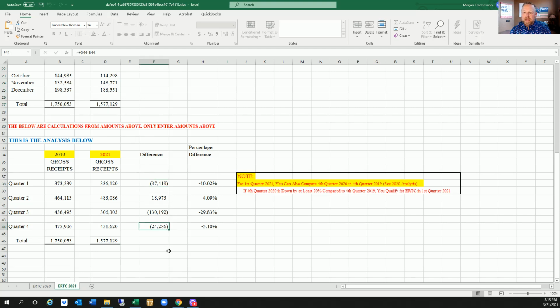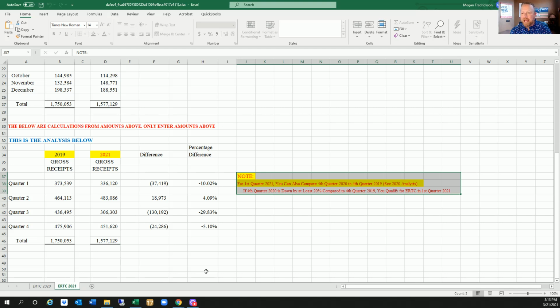Now, let's take a look here because in this circumstance, when we're looking at quarter 1 of 2021, you have to be down at least 20% compared to 2019. We would look at this and at first glance go, oh, well, they're not going to qualify for first quarter 2021. However, there's a special rule, and it may further extend into second or third or fourth quarter.